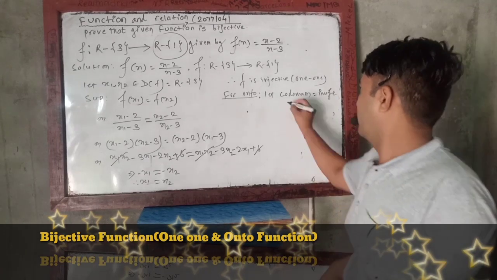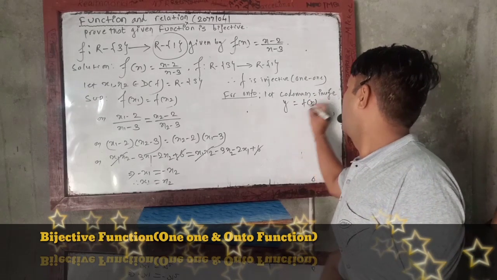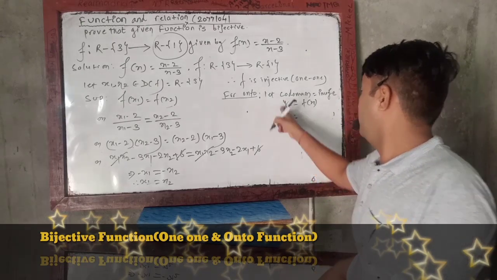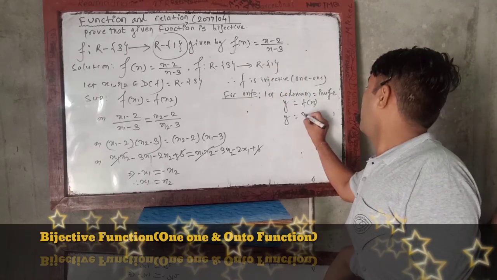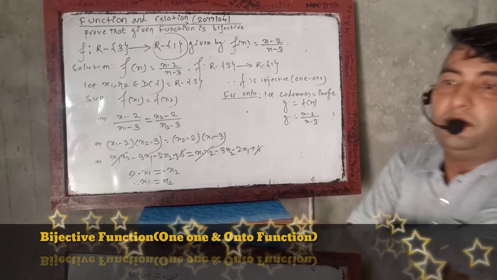What is codomain? Codomain is y. Image is f of x, right? Okay, y equals f of x equals, we are given this, x minus 2 all over x minus 3. Now what to do from here?